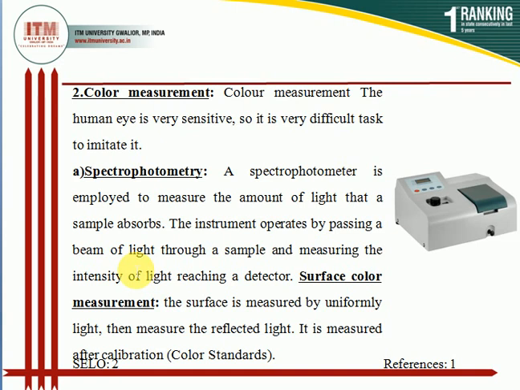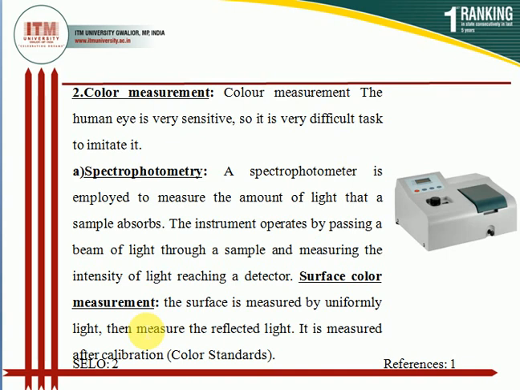The instrument operates by passing a beam of light through the sample and measuring the intensity of light reaching the detector. For surface color measurement, the surface is illuminated uniformly, then the reflected light is measured. It is measured after calibration with a color standard. Yes, we have to put in the control sample, then according to the control sample we can measure the product.